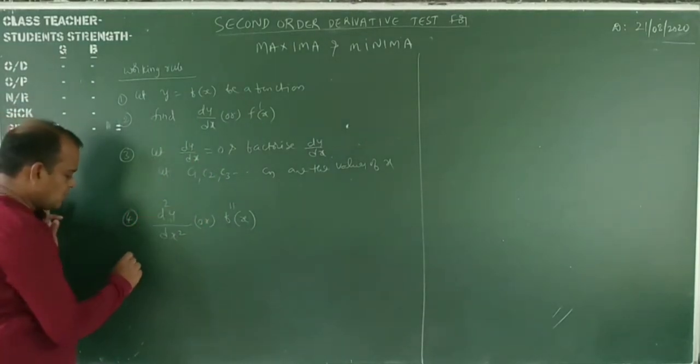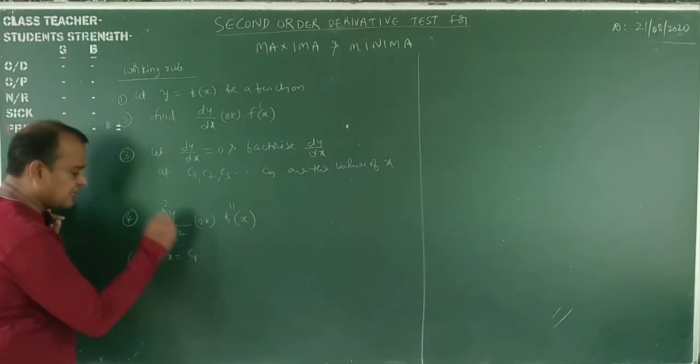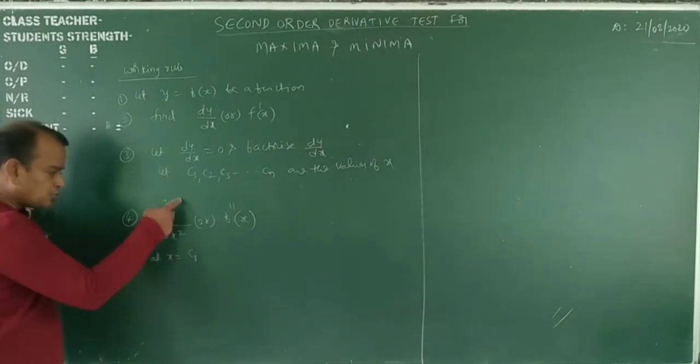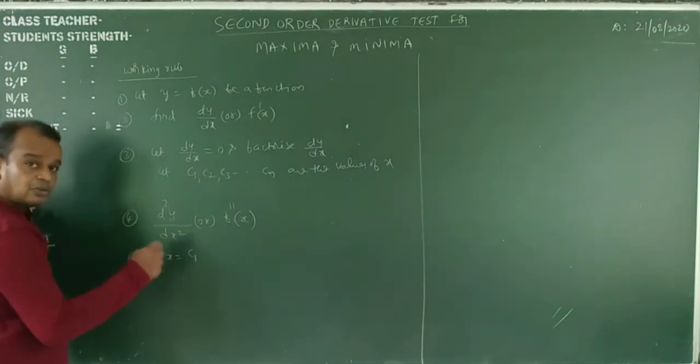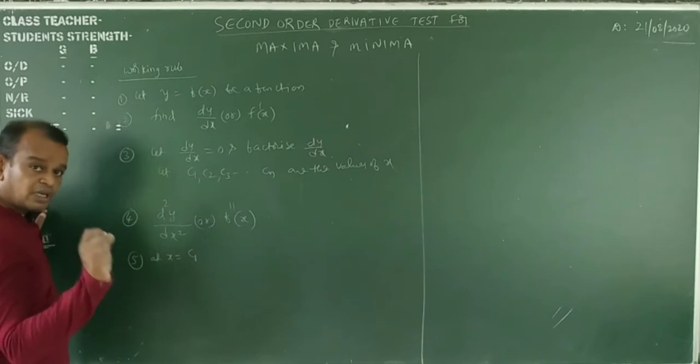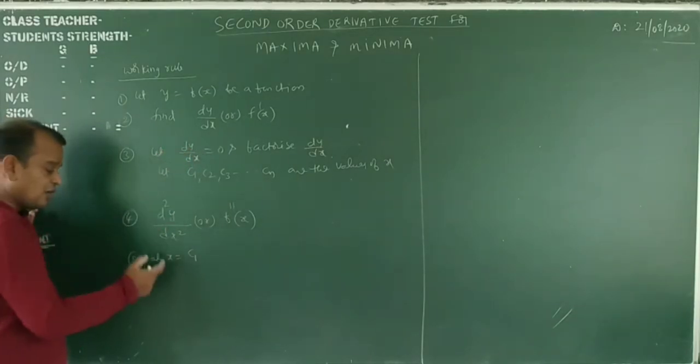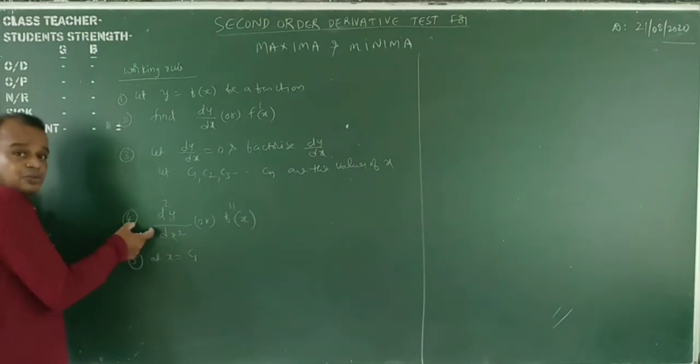After that, we take the values of x found from dy by dx. For suppose at x is equal to c1, you have to substitute this value in the second order derivative. Remember carefully: we get the values from dy by dx, and those values you substitute in the second order derivative.